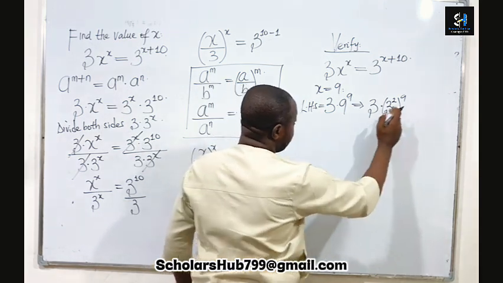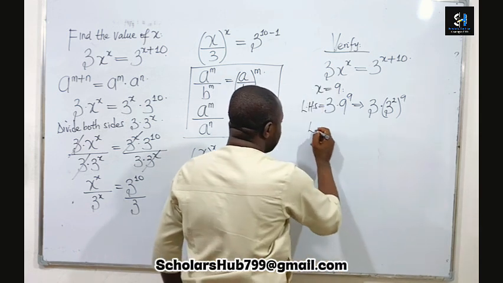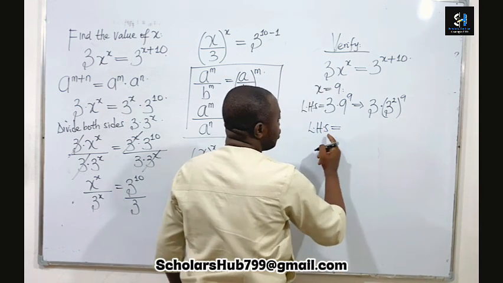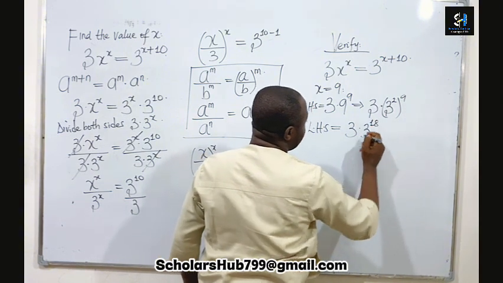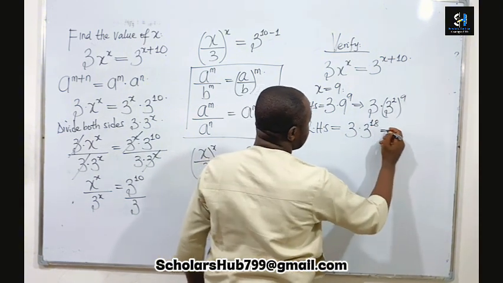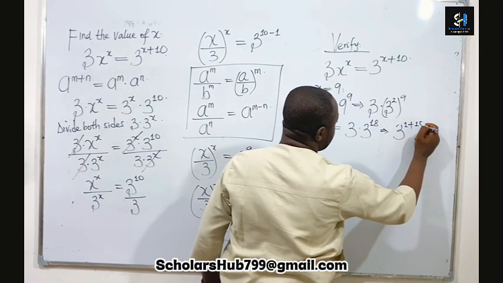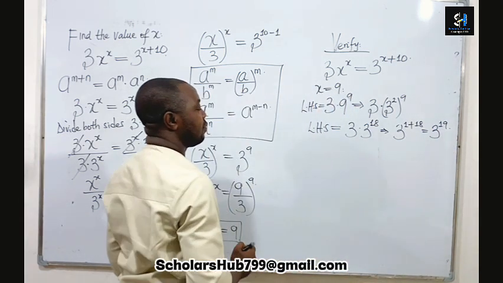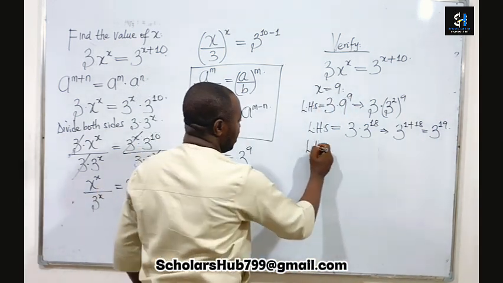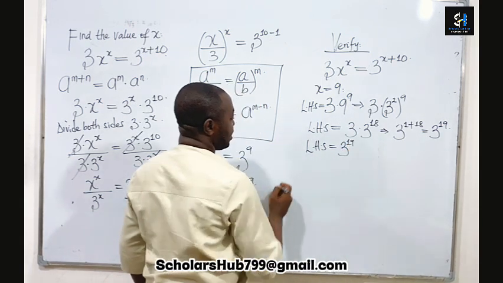So now 2 times 9 is 18. So we have our left hand side equal to 3 multiplied by 3^18, so that this will be 3^(1 plus 18). And the left hand side will be 3^19.